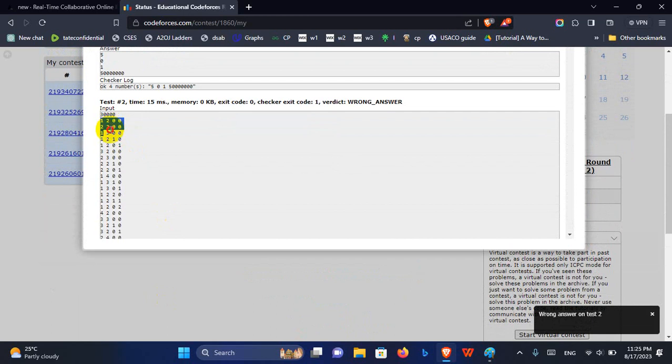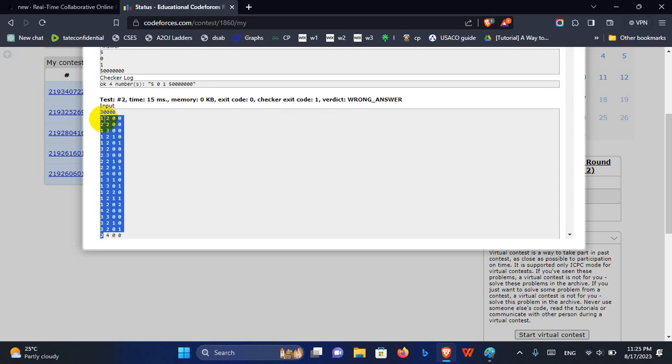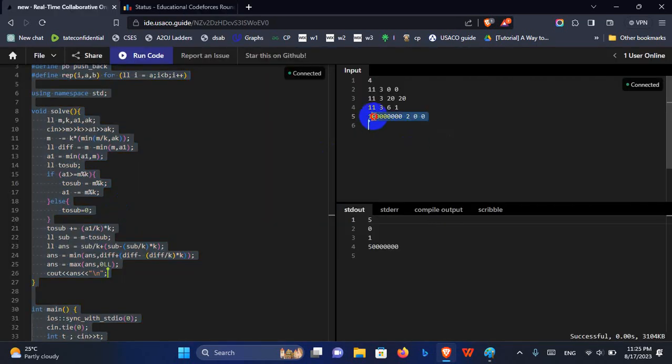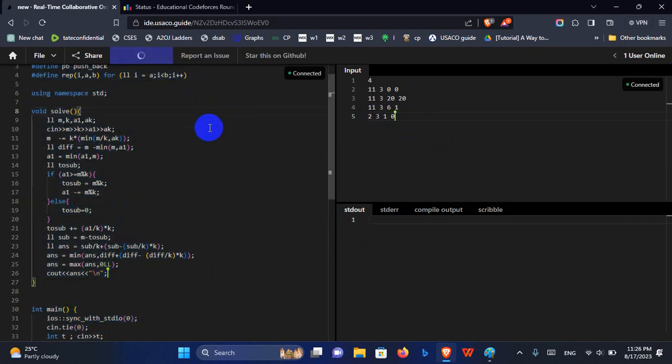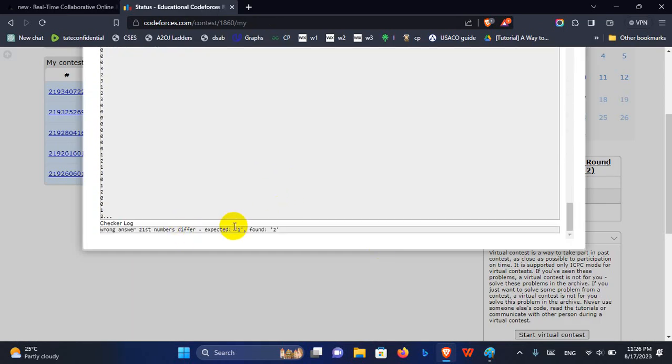So let me count: 1, 2, 3, up to 21. So this case is ruining our code. It's 2 and it should be 1.